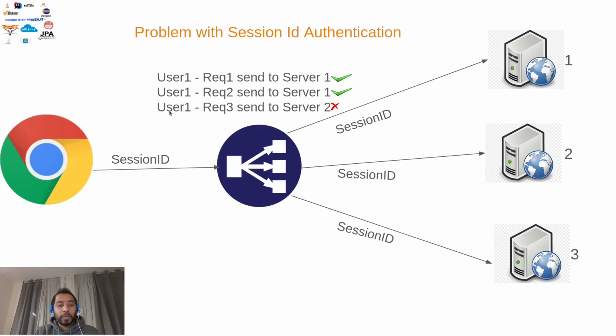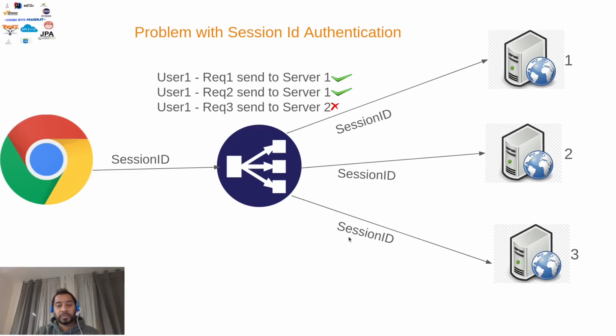The user will do another request, request 3, and now the load balancer will try to send request 3 to server 2. In server 2 you will not have the session for this user, so the server will not be able to validate this user, and server 2 will throw an error.